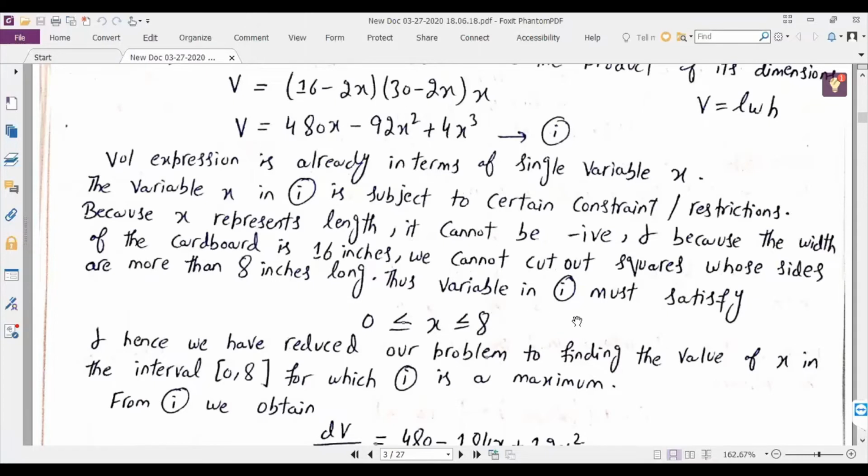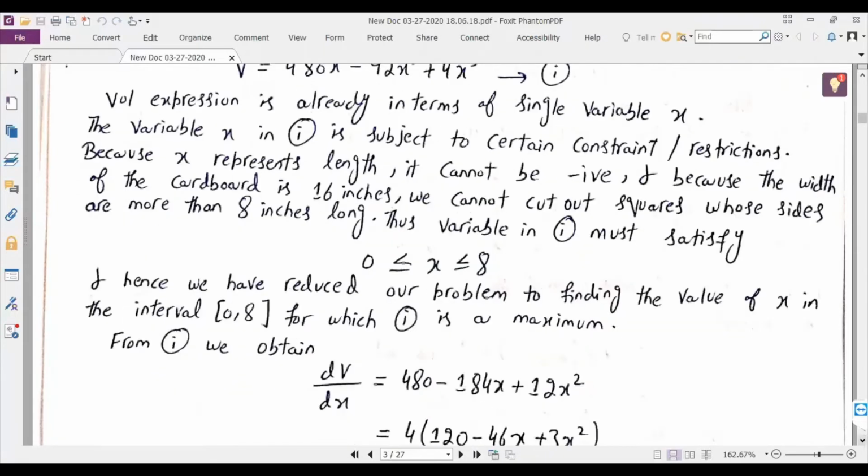Thus the variable in 1 must satisfy 0 to 8. Hence we have reduced our problem to finding the value of x in the interval 0 to 8 for which V is maximum.